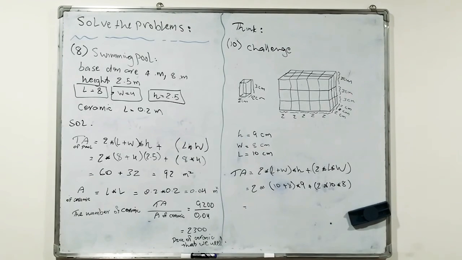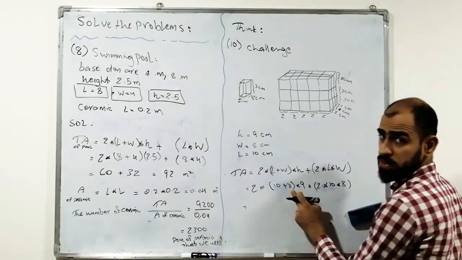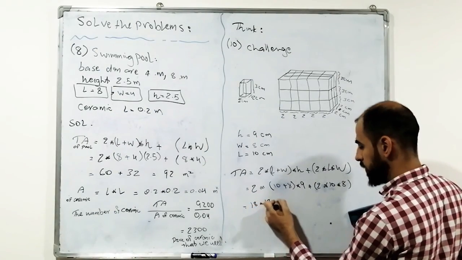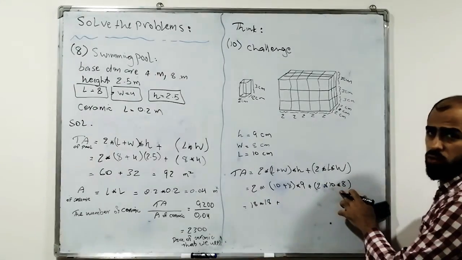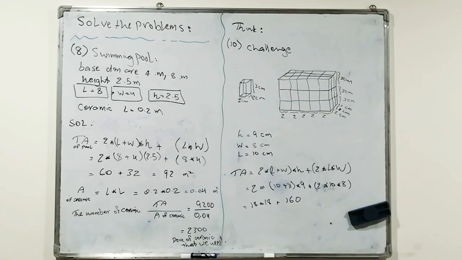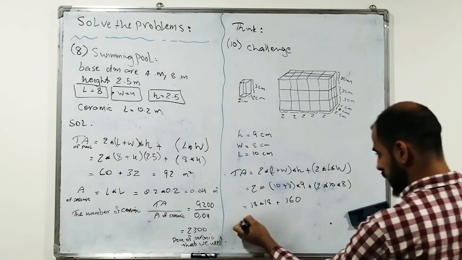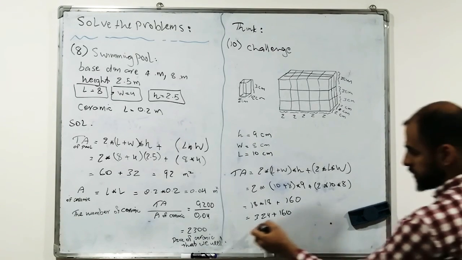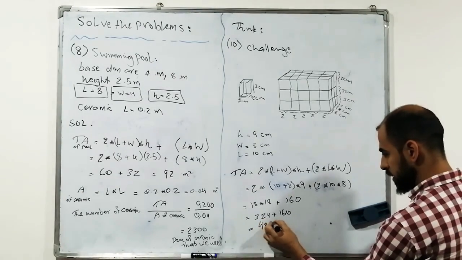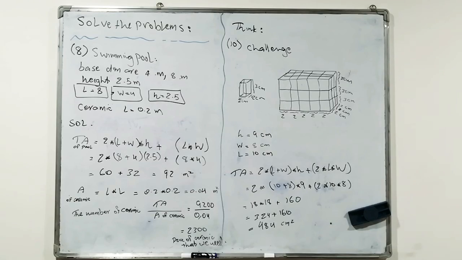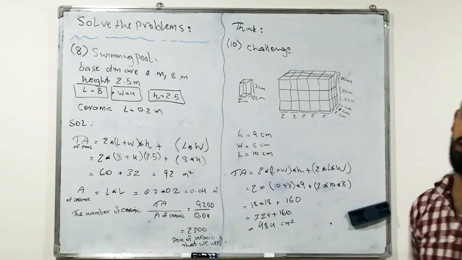Now simplifying these numbers, 10 plus 6 will be 16, and 16 by 9 will be 144, times 2 is 288, plus 2 by 60, which is 120... the total area is 408 centimeter to the power 2, the area of the shape after we place 45 pieces of parallelepiped with the 3 dimensions.